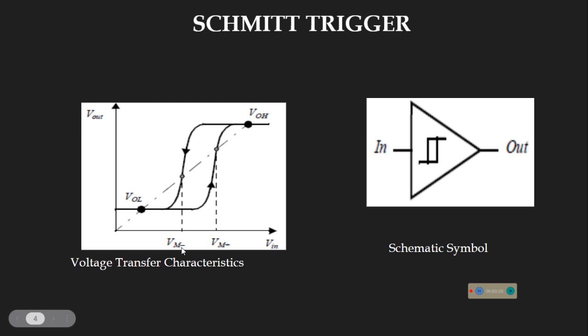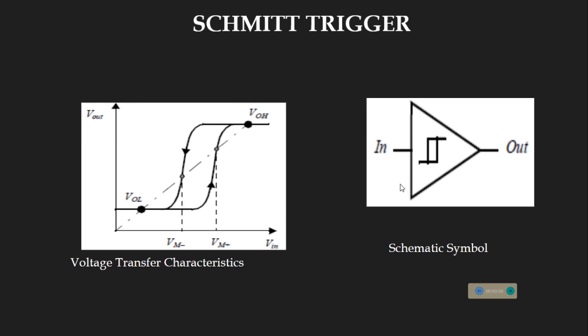Here Vm minus and Vm plus are the threshold points, or we can say the low threshold point and upper threshold point, LTP and UTP. LTP is whenever the signal moves from low to high, and this is from high to low. V0H and V0L are nothing but the high output voltage and low output voltage. So this forms a hysteresis loop.